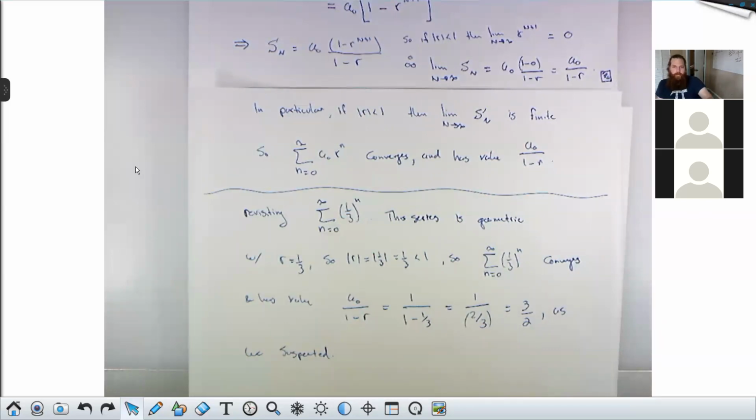So we were correct. Our guess earlier, based on computing those first few partial sums, was the correct guess.